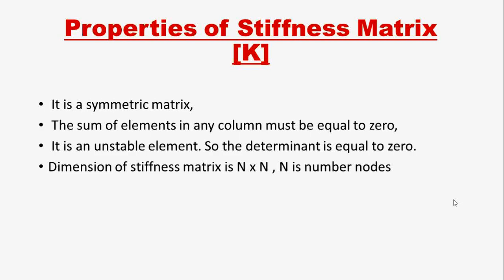The sum of the elements in any column must be 0, and it is an unstable matrix. If you find the determinant of this matrix, it will be 0. And the dimension of the stiffness matrix depends upon your number of nodes.